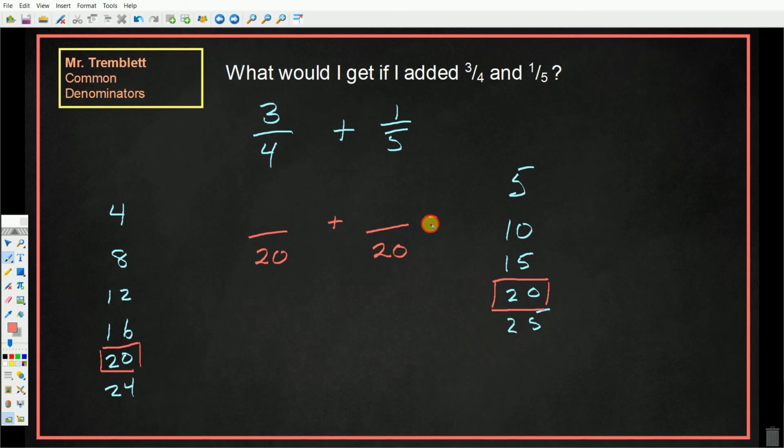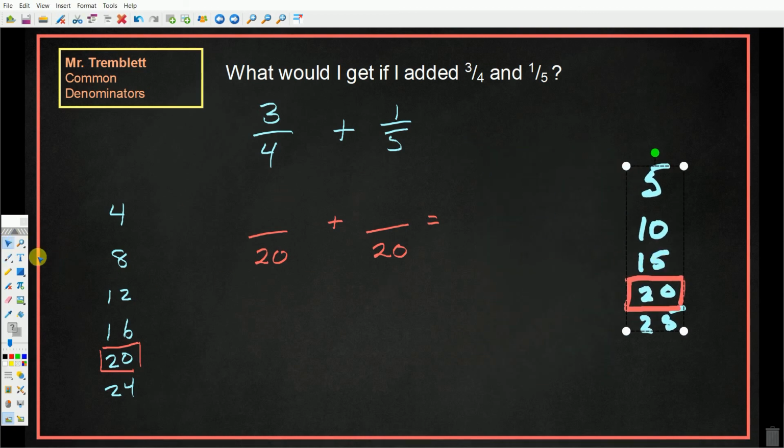So we're going to want to work with 20ths now, because we can see that if I started with 1/5, I could make some cuts and turn it into some number of 20ths. If I started with 3/4, I could make some cuts and turn it into some number of 20ths as well. I cannot take 3/4 and switch it to an equivalent fraction where the denominator would be 10, so that number is not going to work for us.